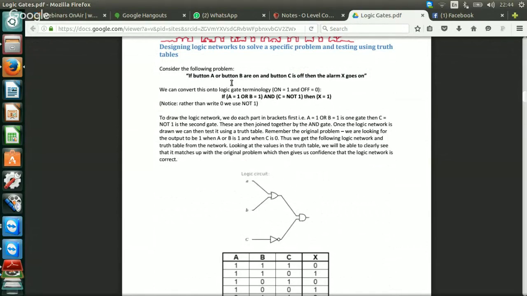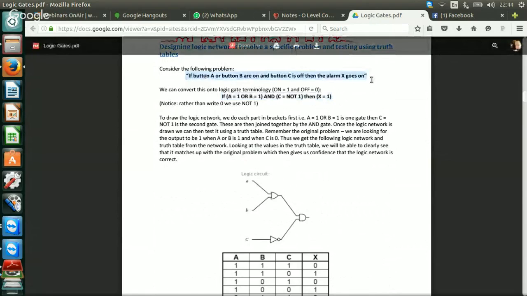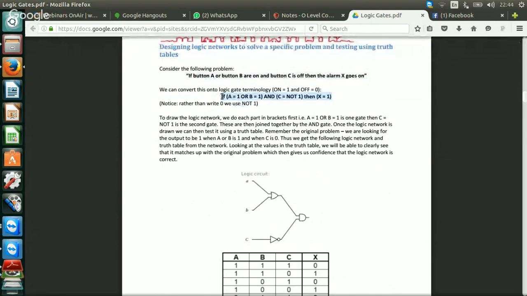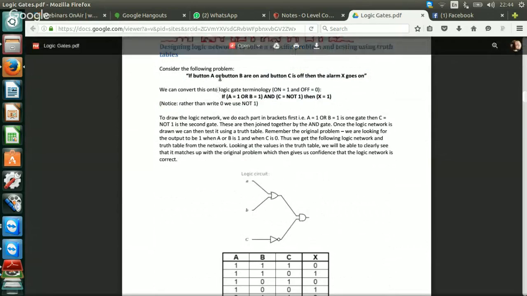For that, we are going to make an equation out of this. After making the equation, we will make the logic circuit, and then after making the logic circuit, we will make the truth table. We will follow three steps. The first step is from statement into equation.